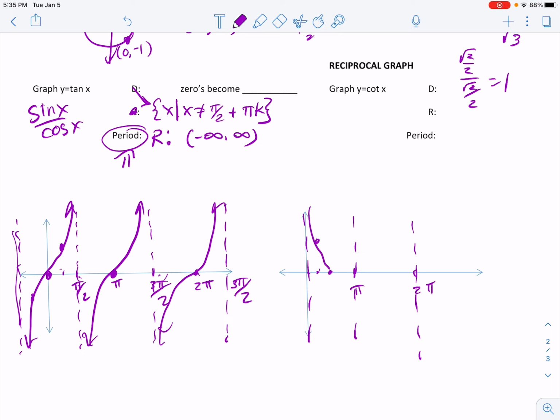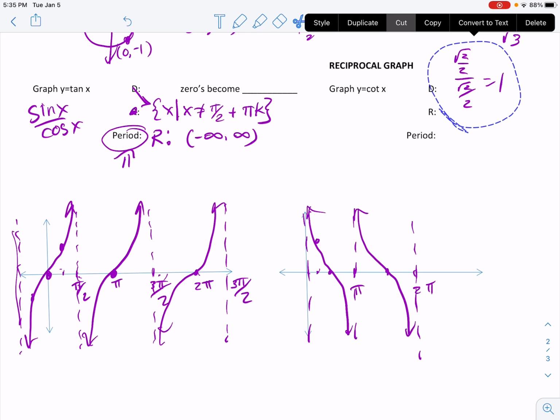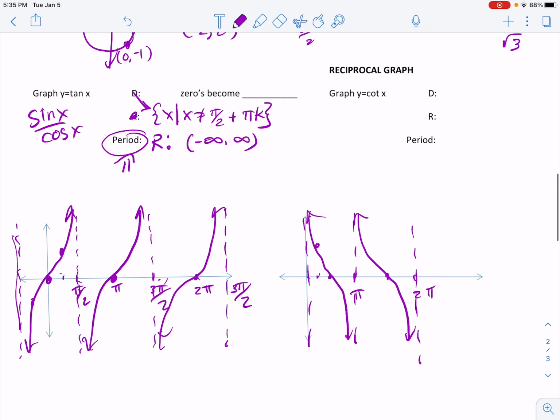And what happens is my graph goes the other way. Okay, so the period in this case is pi also. The range is negative infinity to infinity. And the domain is all values of x such that x cannot equal pi k.